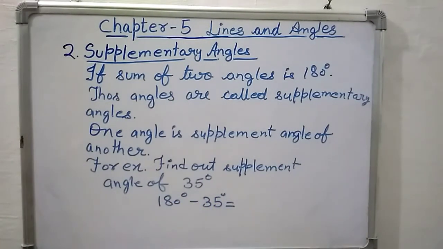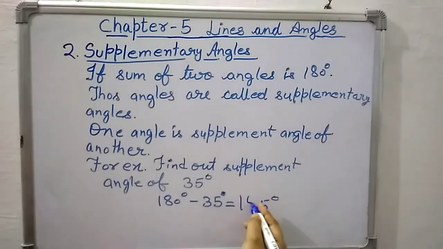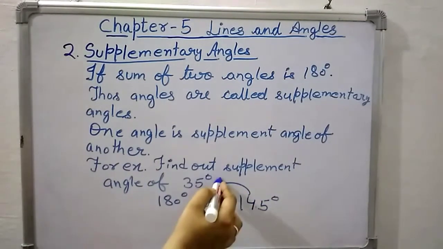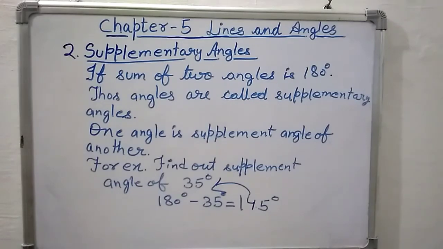And their difference will be the supplement angle of 35 degree. So when we subtract 180 degree and 35 degree, we get an answer of 145 degree. 145 degree will be the supplement angle of 35 degree. So this is how we will find out supplement angle of any given angle.